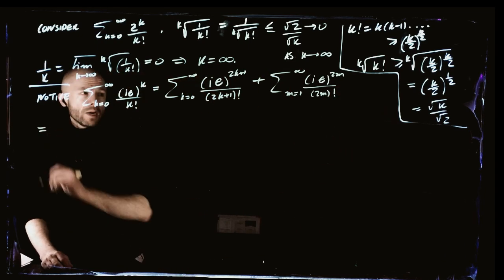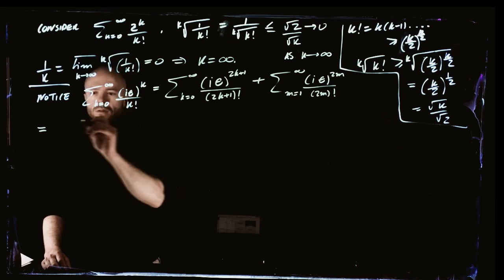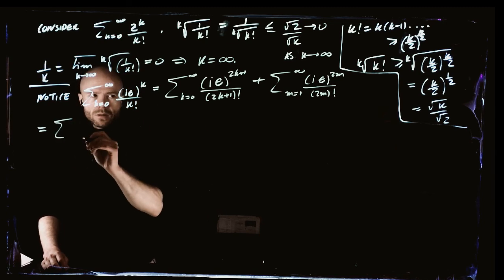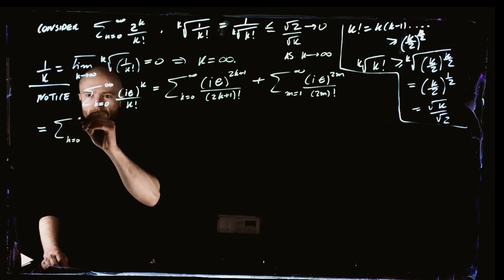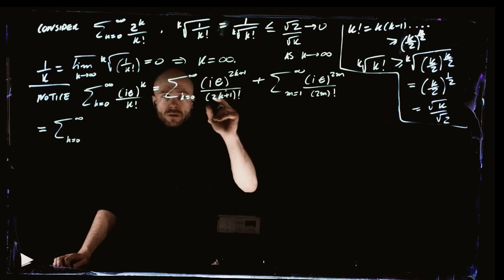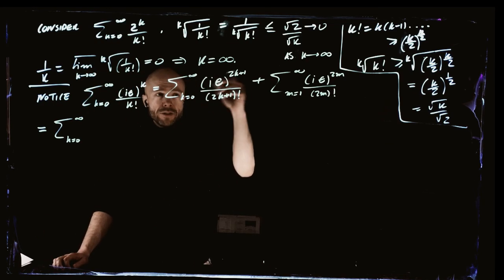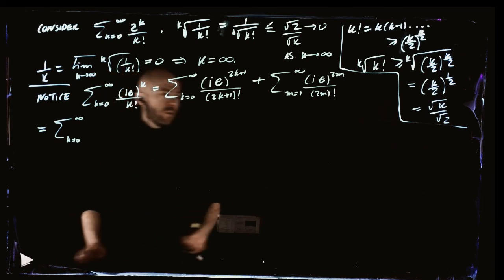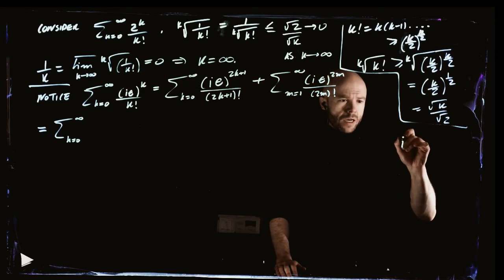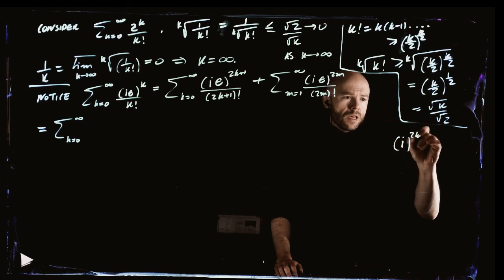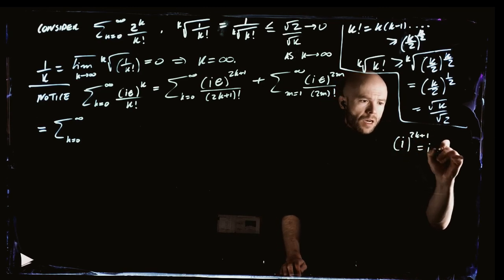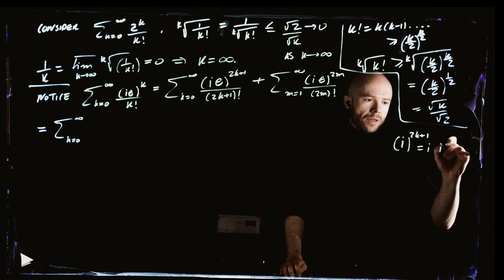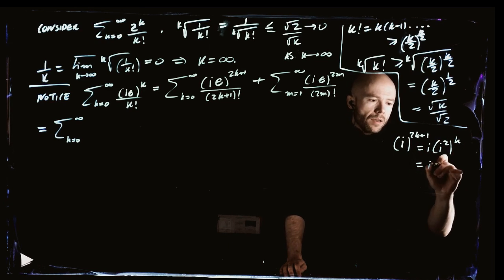And then what happens to this thing? So this is the sum from k equals 0 to infinity. Let's pull out this i to the 2k plus 1, right? So what is i to the 2k plus 1? I to the power 2k plus 1 is equal to i, and then i squared to the power k, which is equal to i times minus 1 to the k.